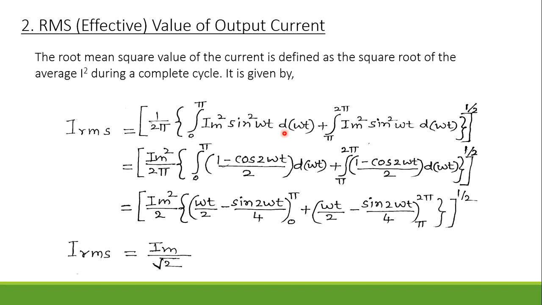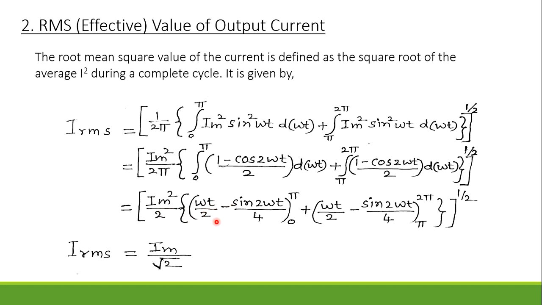Now we take Im square outside. So Im square upon 2 pi into 0 to pi. Sin square omega t we can write as 1 minus cos 2 omega t upon 2, and here also sin square omega t is 1 minus cos 2 omega t upon 2. Now we find the integration. Im square upon 2 is a constant.